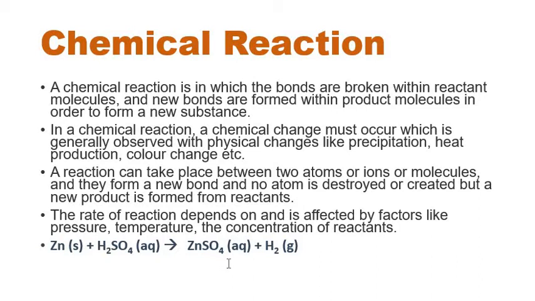A reaction can take place between two atoms, ions, or molecules, and they form new bonds. In this, no atom is destroyed or created, but a new product is formed from the reactant.